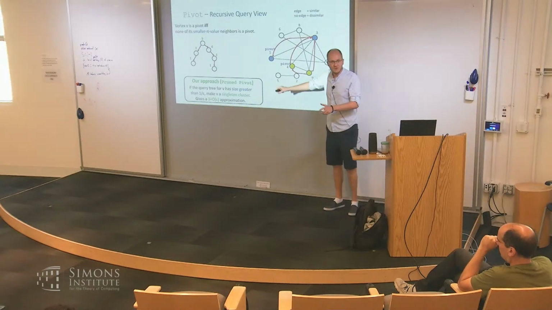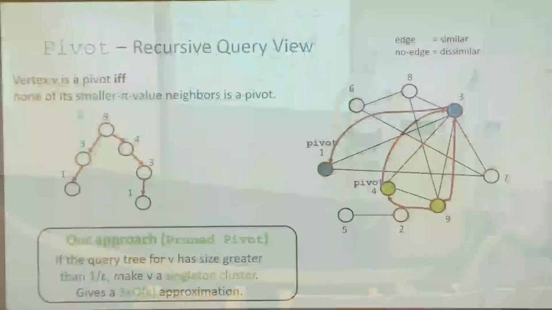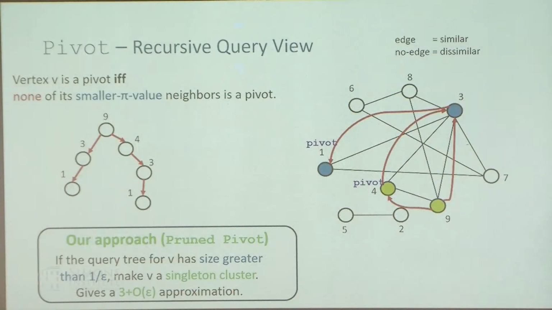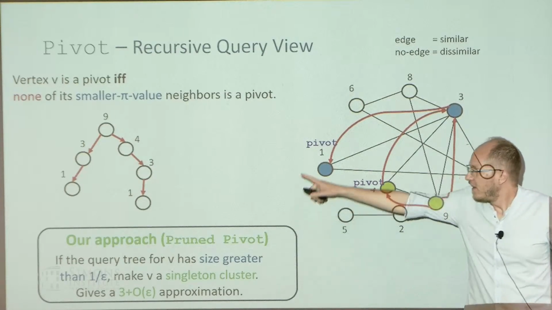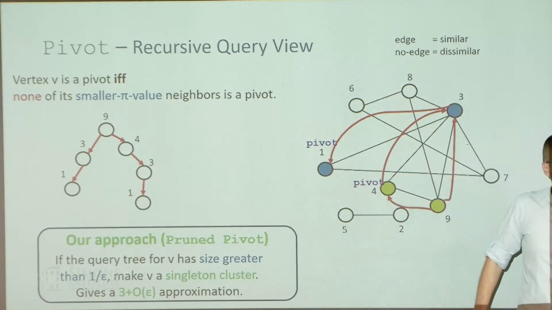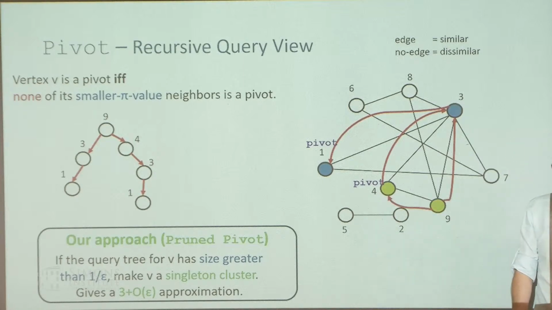So our approach, pivot, just runs this, and it runs the full tree. Eventually, it learns what is happening with 9. What we are saying is, say that you want to learn about the cluster of 9, run this recursive query view, and as soon as the tree size gets to order of 1 over epsilon, stop.